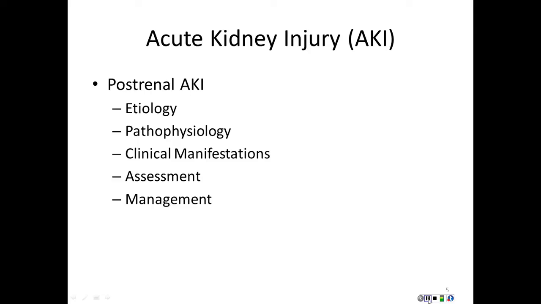Some of the causes: ureter, bladder, and urethral cancers, kidney, ureter, or bladder stones, and bladder atony. In other words, the bladder does not have the muscle tone anymore to empty, so we've got a backup of urine in the bladder.